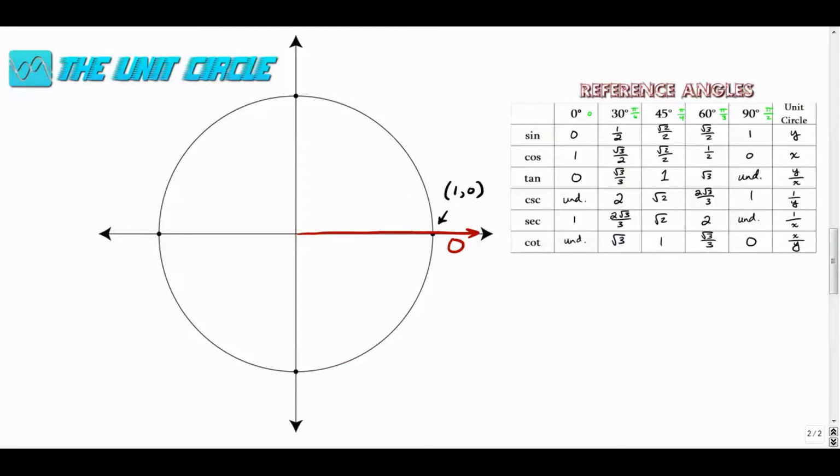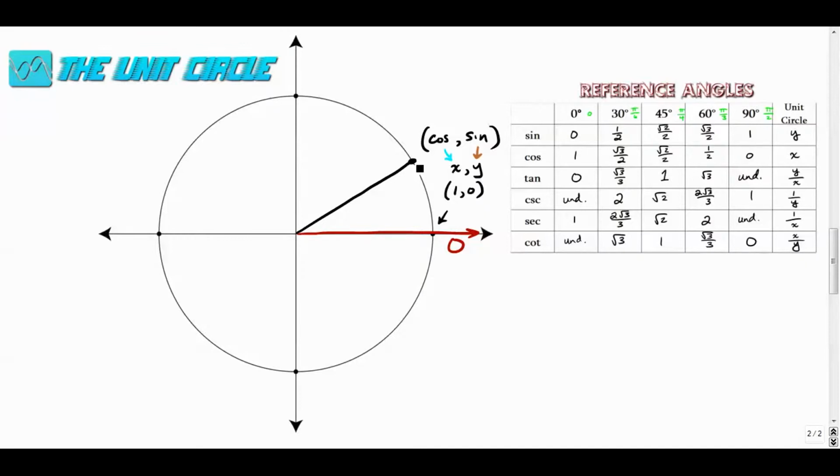And I know that the sine of 0 is 0 because in these ordered pairs, the order is cosine comma sine. In other words, the y value is always sine and the cosine value is always x.